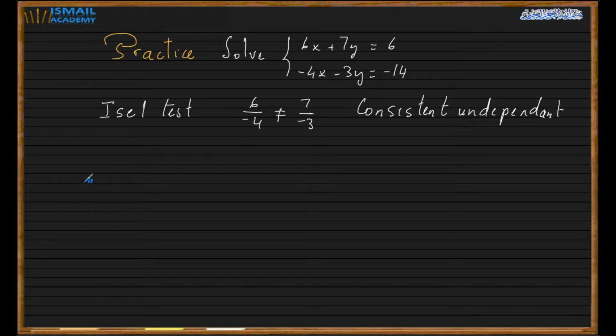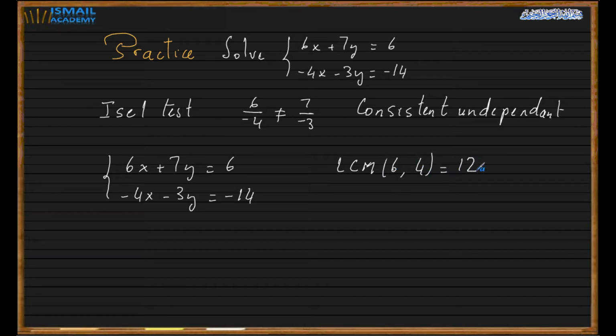All right, so let's do it. So we have 6x plus 7y equals 6, and minus 4x minus 3y equals minus 14. Here I want to eliminate the x. I can eliminate the y if I want, it's the same thing. I'm going to find the LCM of 6 and 4.